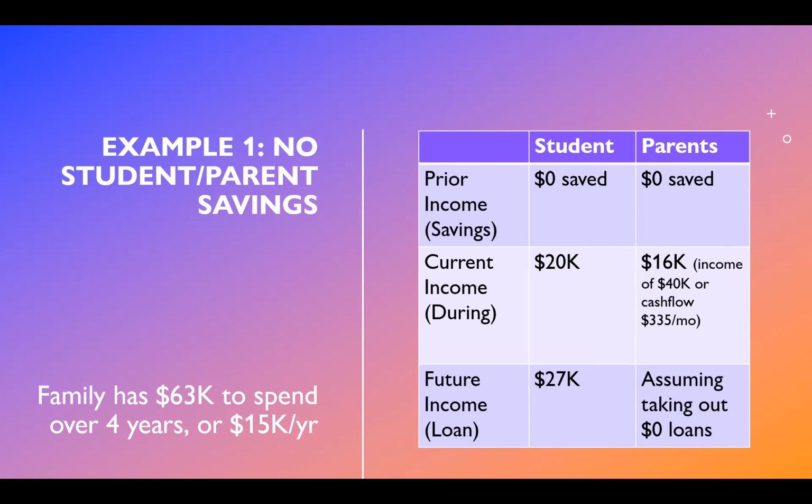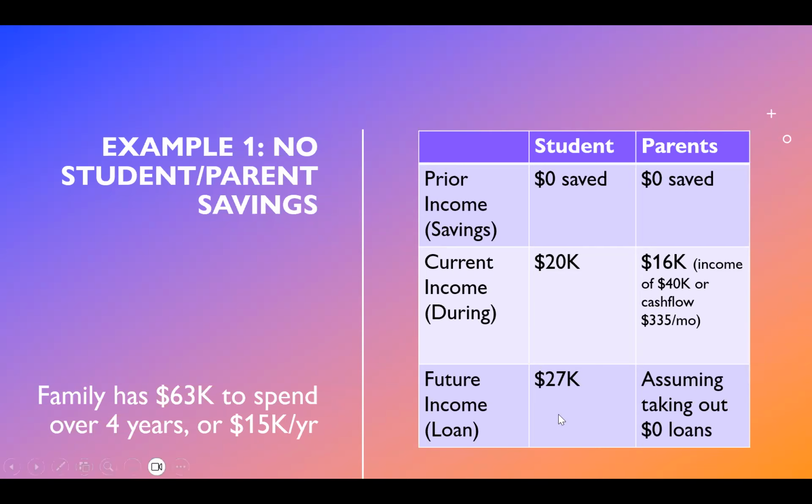The family would be able to cash flow about $335 a month, so over 4 years, about $16,000, and assuming no loans. In this scenario, the family has about $63,000 to spend over 4 years, or $15,000 a year.